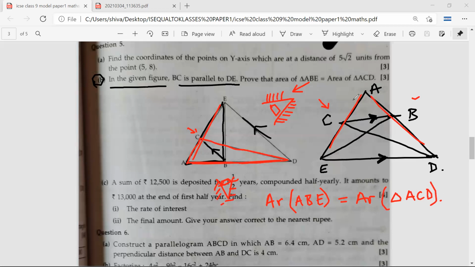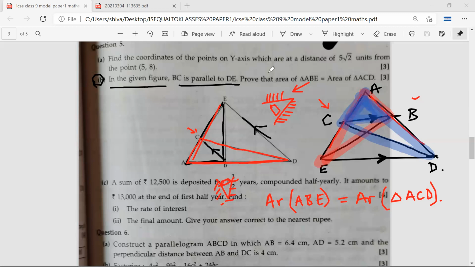Okay. Now when I look here, basically ABE is my first triangle, and my second triangle is ACD. Now one thing that I do is I subtract this from both the sides.